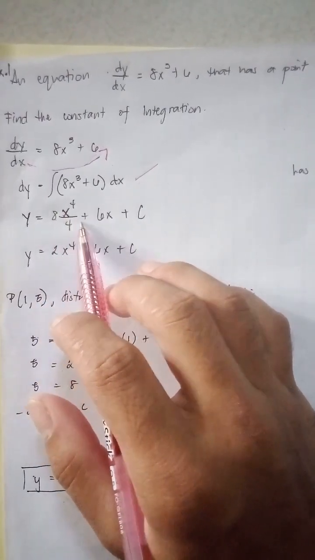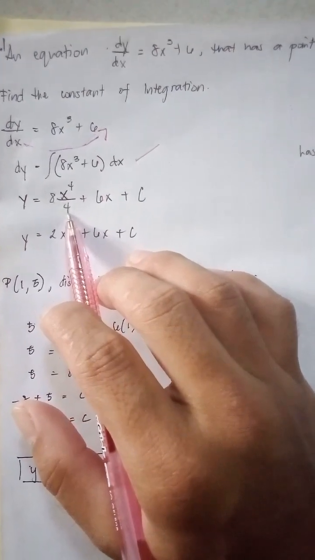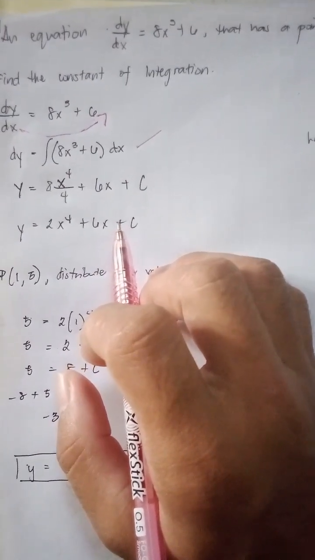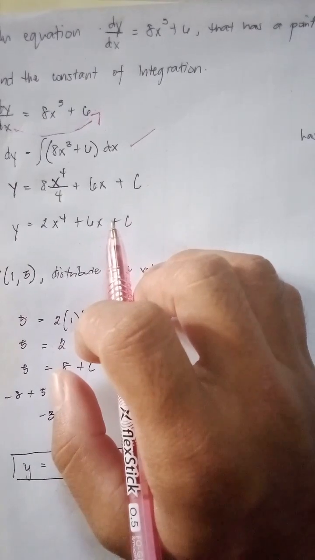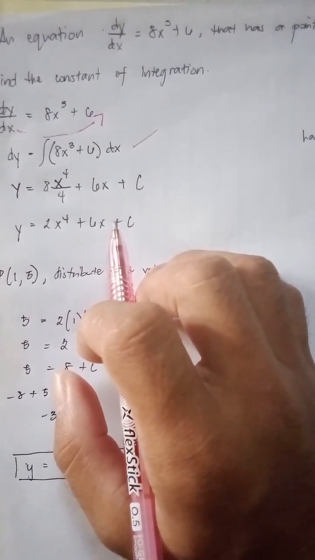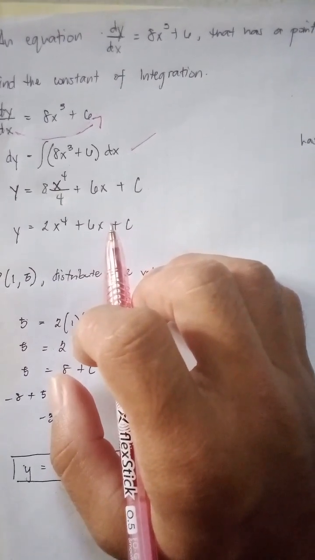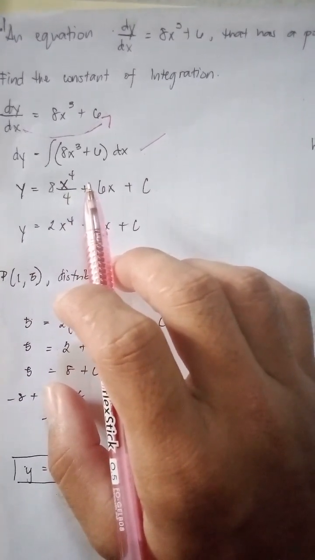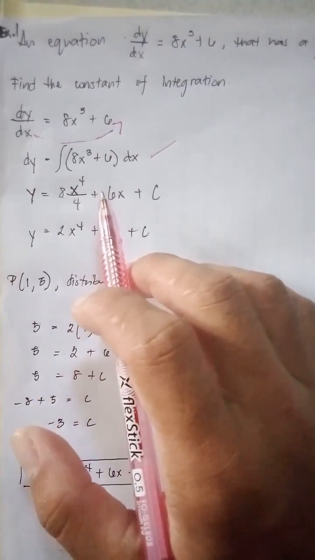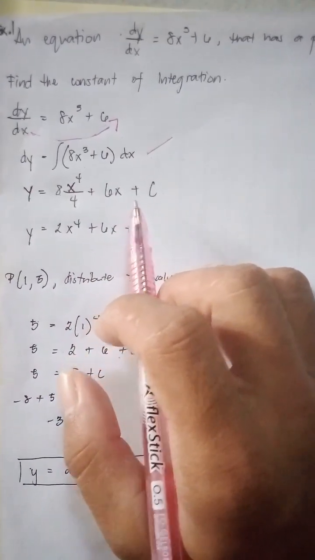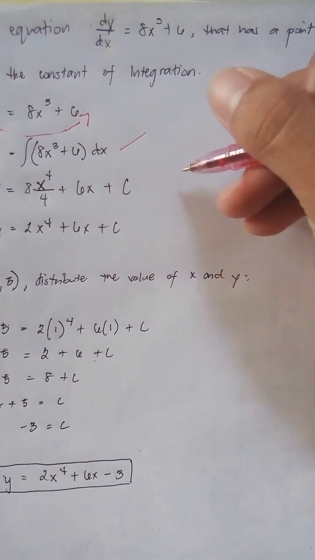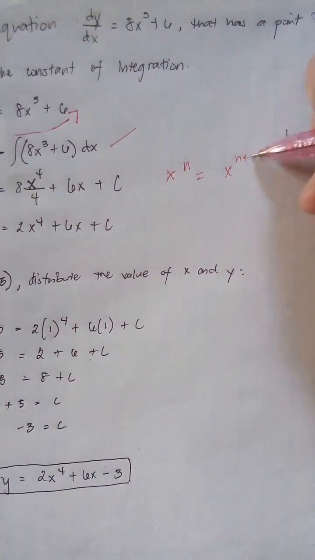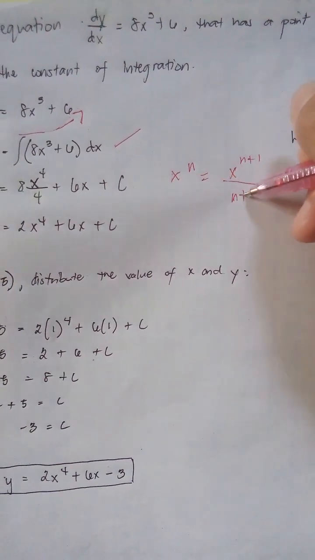x raised to 4 divided by 4 is the first term because we used the simple power rule, that the integral of x raised to n equals x raised to n plus 1 over n plus 1.